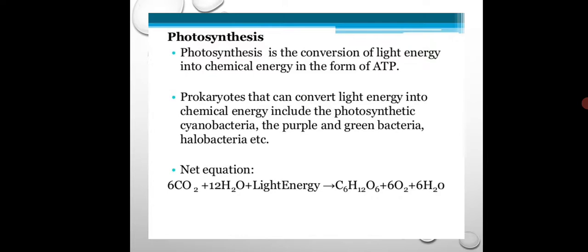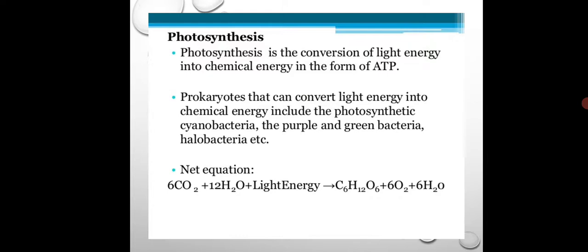Habitat means where they live, their living area. Let's understand the general concept of photosynthesis. As we all know, photosynthesis is the conversion of light energy into chemical energy and the formation of ATP. That is the simple definition of photosynthesis.